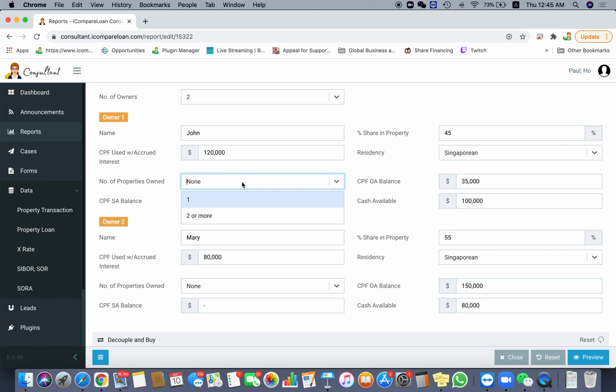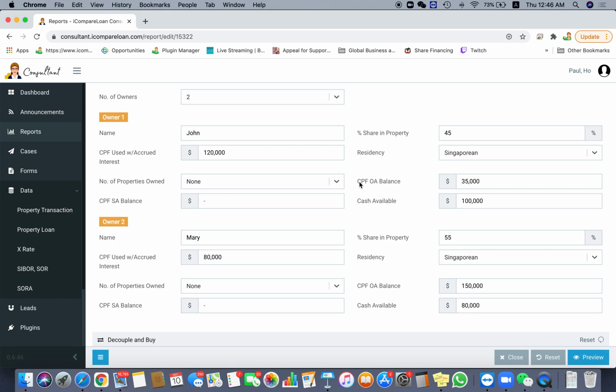In this case, we say there's no property owned, but there are cases of decoupling where they are decoupling the second property and going towards buying the third property, and they are decoupling because they have two properties already. When they decouple, they will have one property each, and then the person will buy the second property.